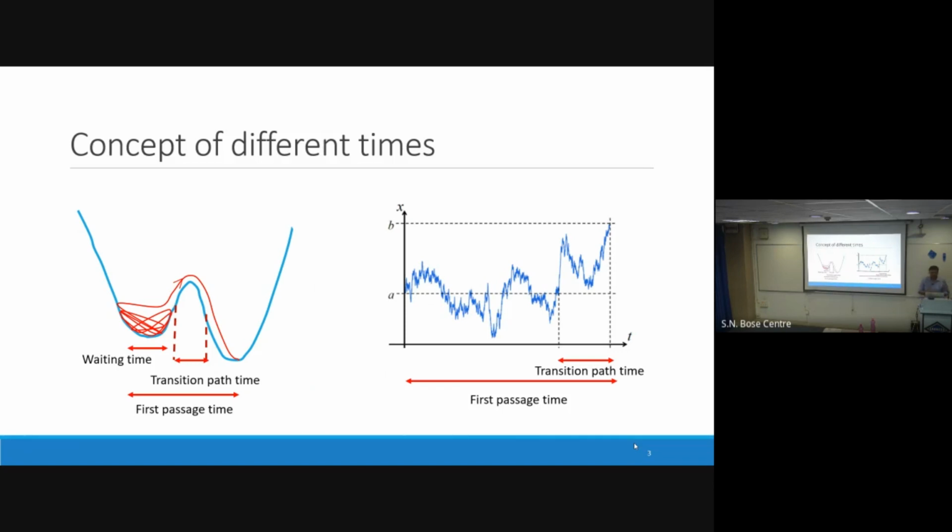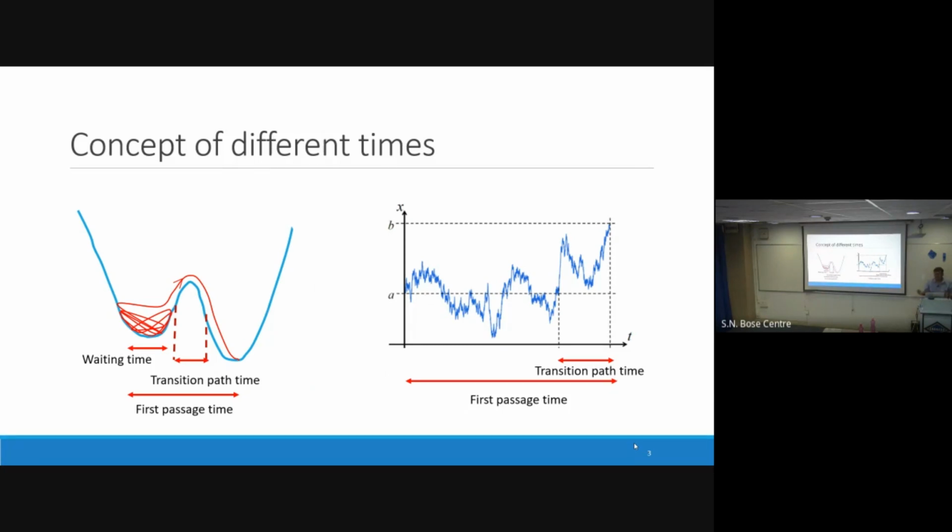Then comes the first passage time. You start from a point A where a trajectory is shown, and it goes back and forth near the initial position, then it makes a transition to another position, B, in the barrier. It is shown as a first passage time with a red arrow: you start from a minimum, go back and forth, ultimately make a transition and reach a target, and you measure the whole time.